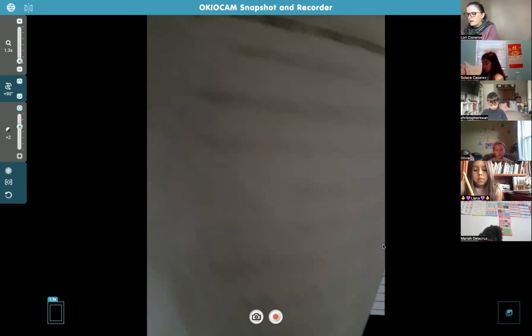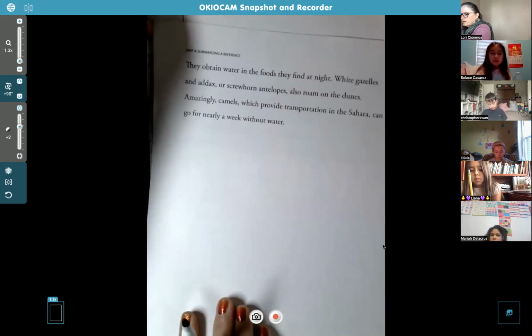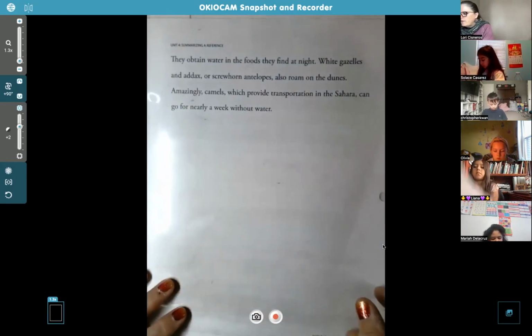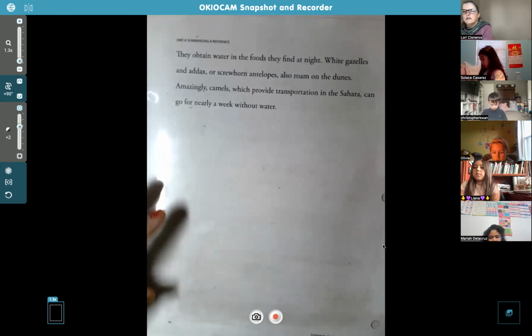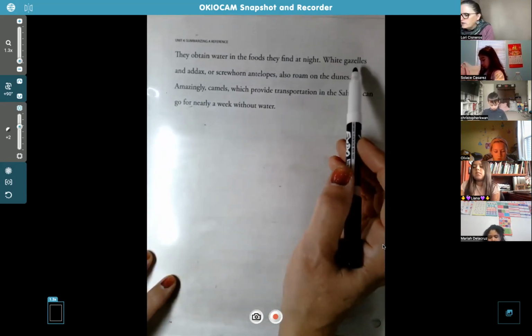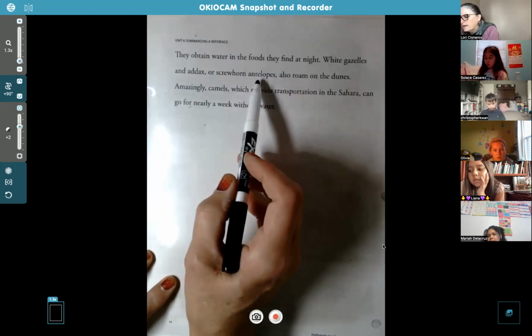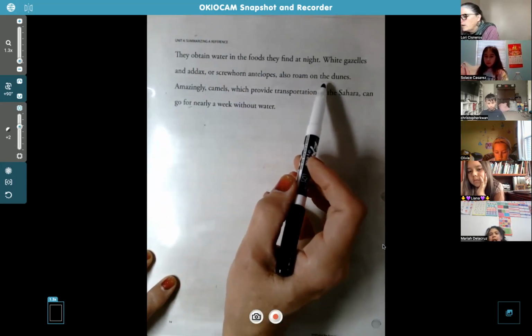And then there's a little more on the back. So I'm going to turn this over. Keep going, and then we'll talk about it. They obtain water in the foods they find at night. White gazelles and addax or screwhorn antelopes also roam on the dunes.